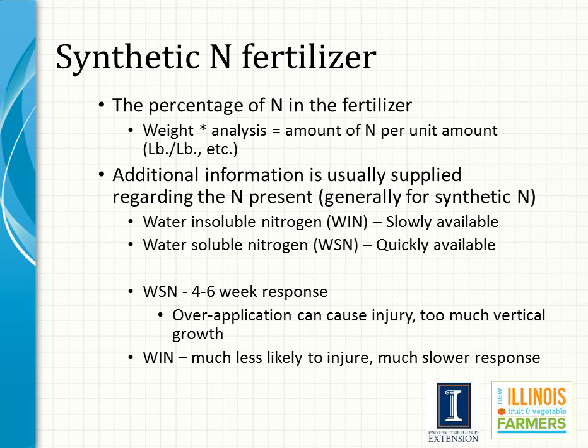Water-insoluble nitrogen is slowly available, while water-soluble nitrogen is quickly available to the crop being grown. So as another example, a fertilizer that is labeled 50% nitrogen in a 100 pound bag of fertilizer is going to be 50 pounds of nitrogen.